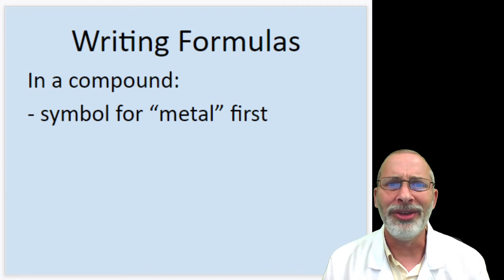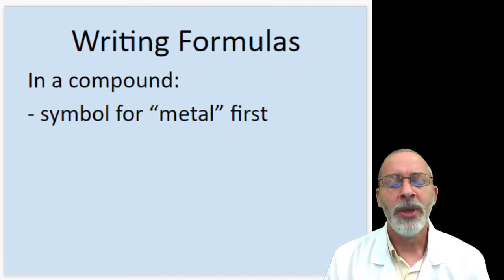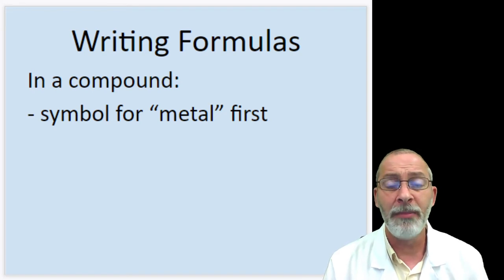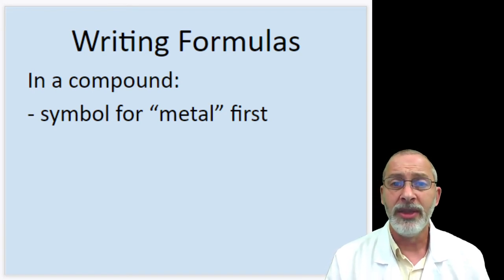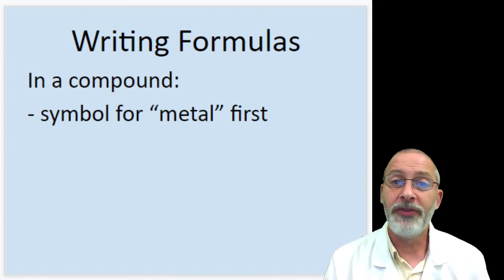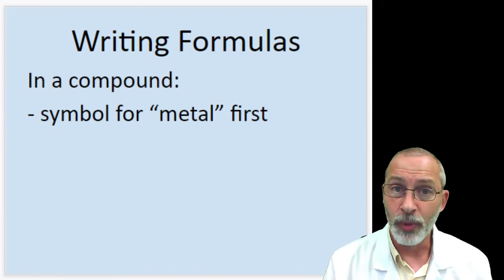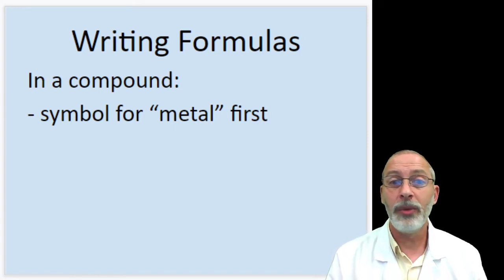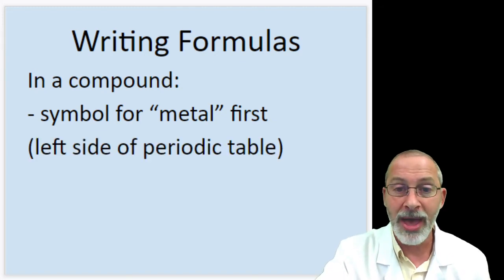Well, that's all fine and good if you know what a metal is, right? Many of the compounds, not all, but many of the compounds we're going to be utilizing this year at least, are made up of at least one metal and one non-metal. So the first symbol that will be written will be that of the metal. Well, all right, how do we know which one is a metal?